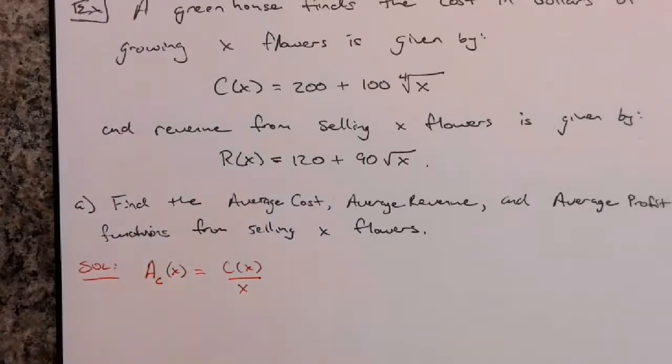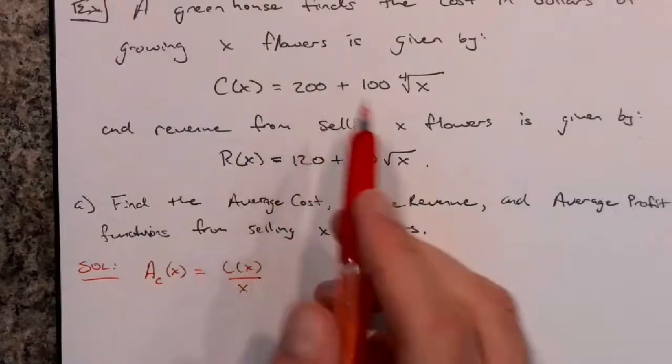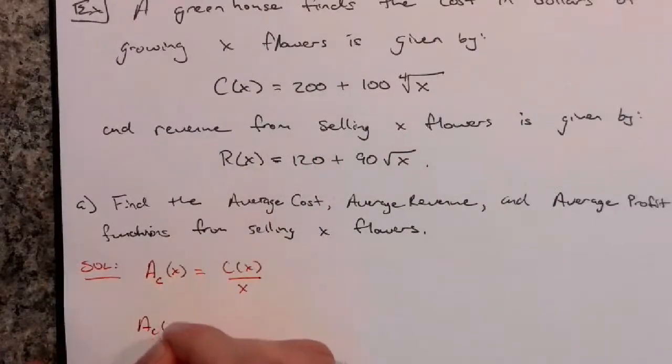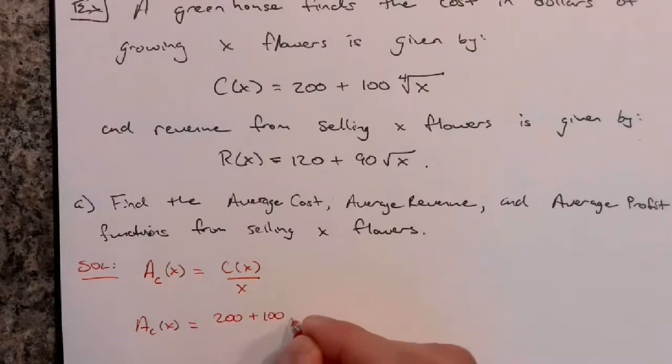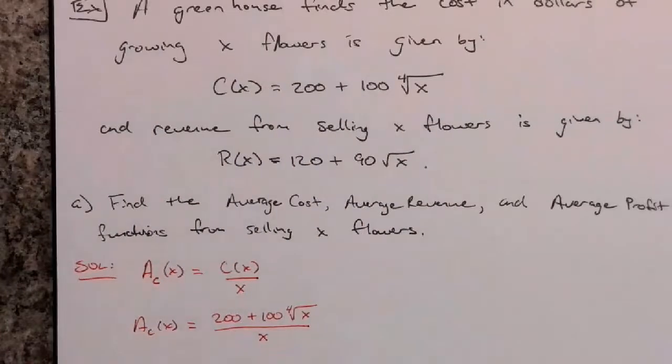So now I'm just substituting in with what the cost function is here. So the average cost function of X is 200 plus 100 fourth root of X all over X. So that's the average cost function.